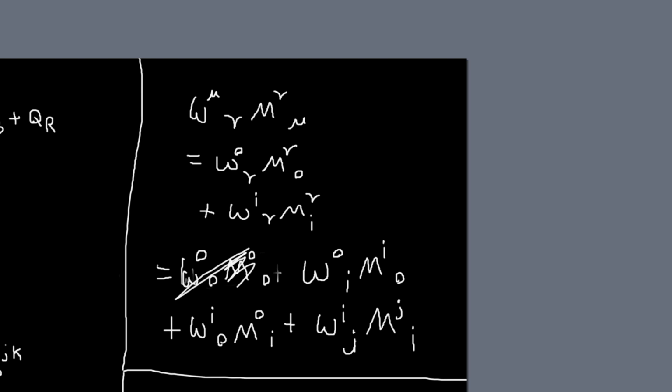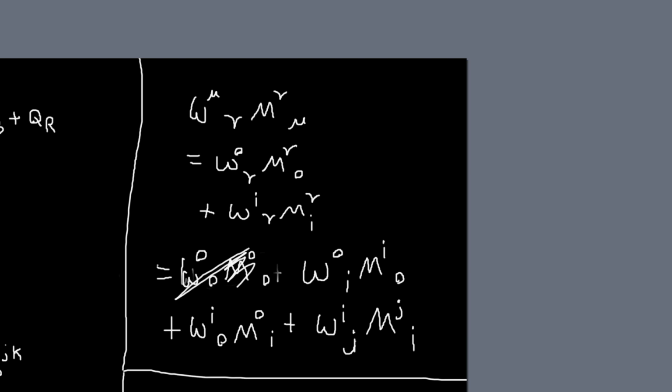We know that for our omegas for rotations, they only involved the spatial parts. All the elements that were in the time parts were 0. So for rotations, omega 0i and omega i0 are 0.